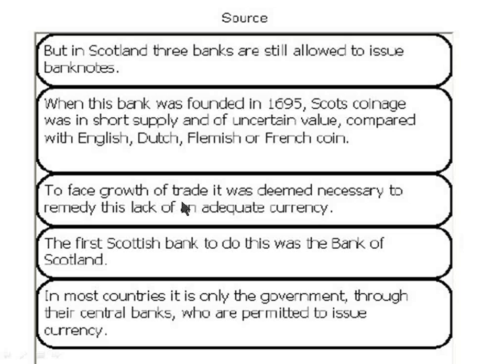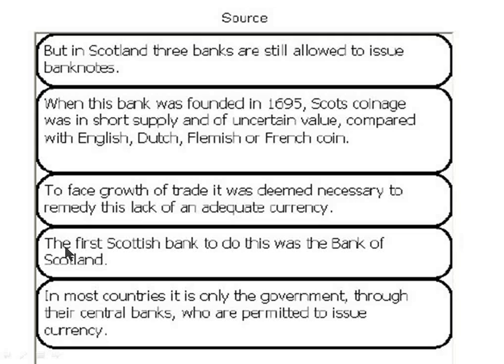To face growth of trade, it was deemed necessary to remedy this lack of inadequate currency. So this lack of an adequate currency means this lack. There must be explanation of some lack of adequate currency in the previous paragraph. So this is not an independent sentence.